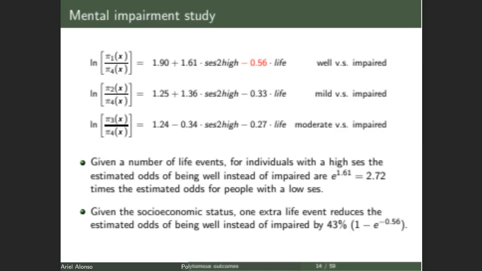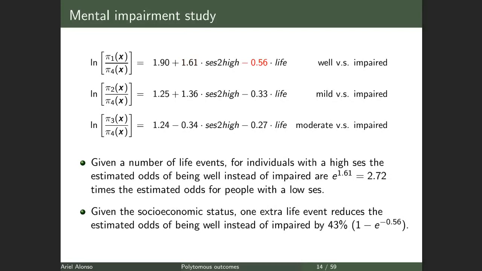And how you interpret then the coefficient of life events, exactly the same as in logistic regression. Given socioeconomic status, because we have SES in the model, one extra life event then reduces the estimated odds of being well instead of impaired by 43%. That is just the interpretation.